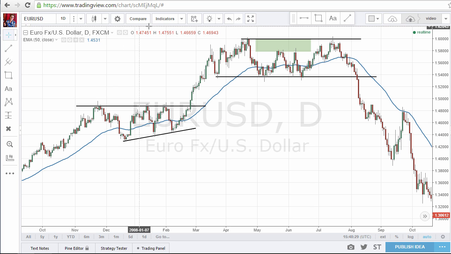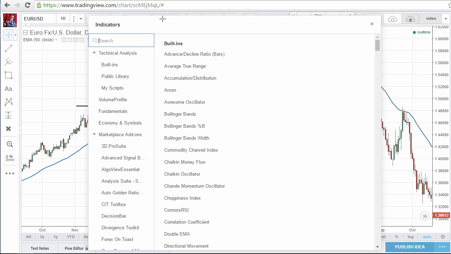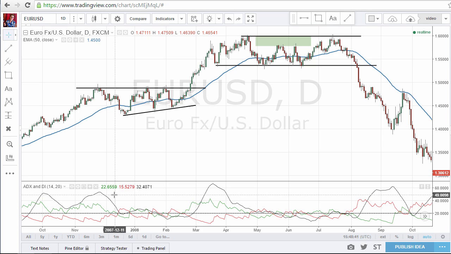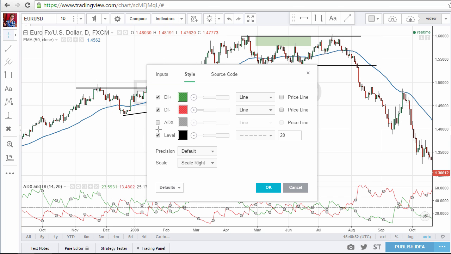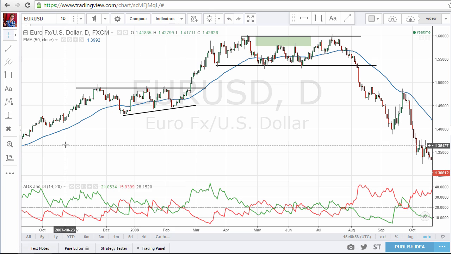Another indicator that can be used and which is very popular is the ADX. There are 3 lines on the ADX, as you can see here: the green line, the red line, and the black line. For our purposes, we will for now take off the ADX, which is the black line, and just focus on the green and the red one. You can see that here during this uptrend, the green line was well above the red line, and they were moving away from each other.